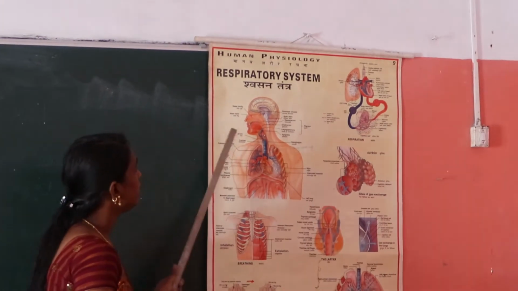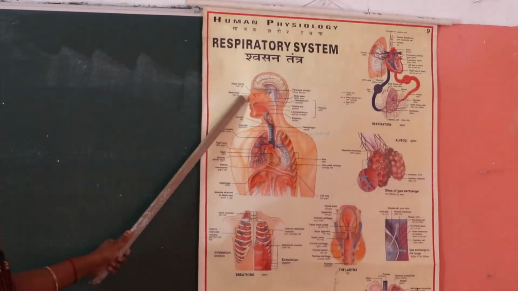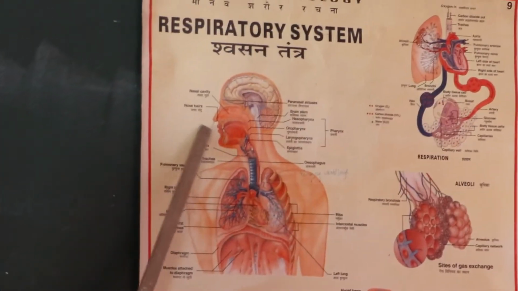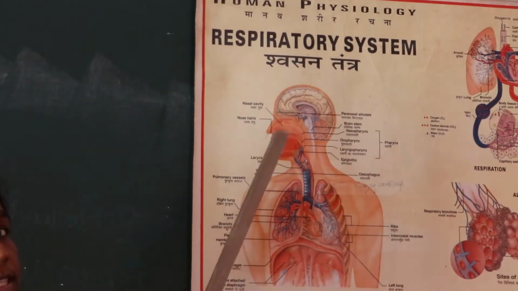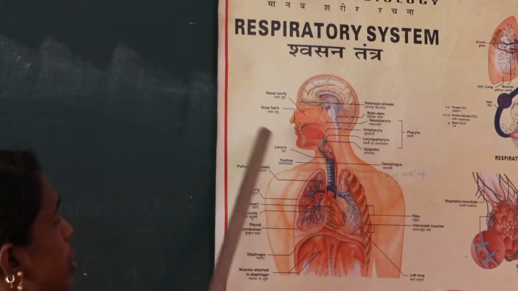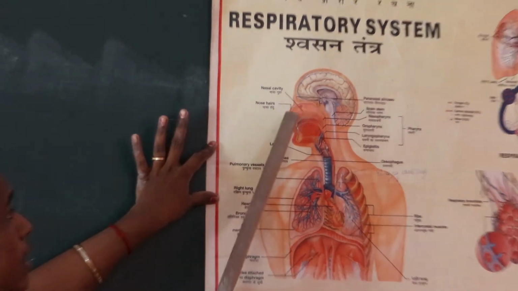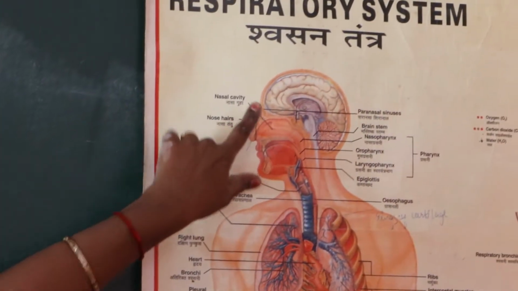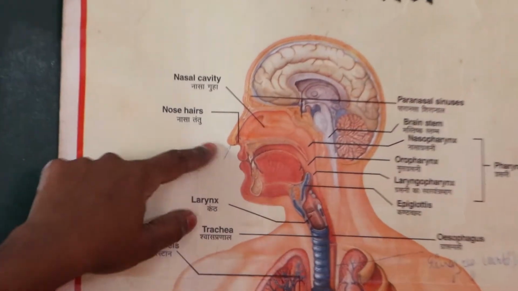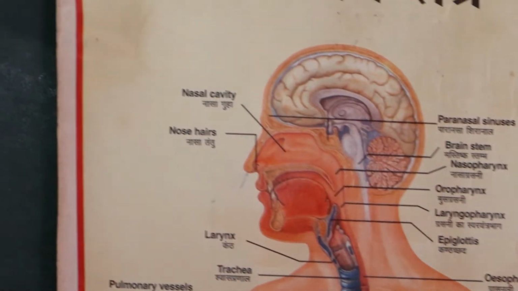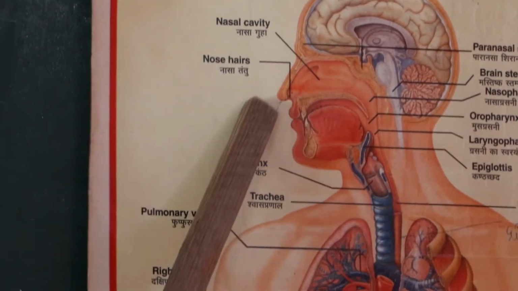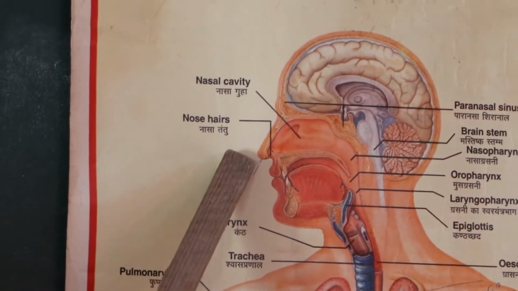See, this is the air we breathe. Breathing is the process of respiration. The air passes into the nostril cavity. Inside the nostrils, nose hairs are present.